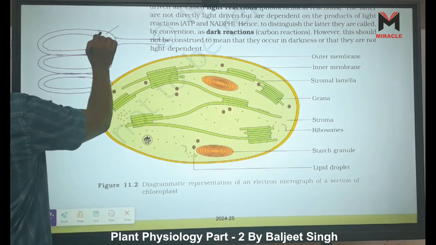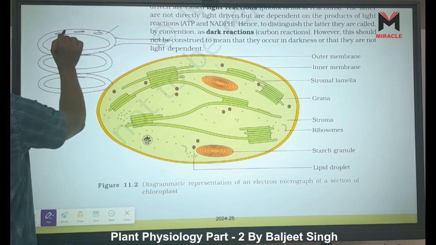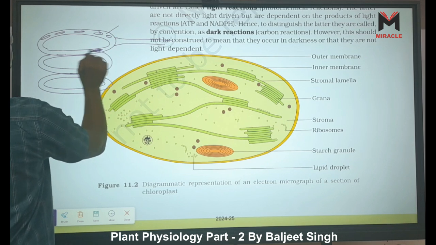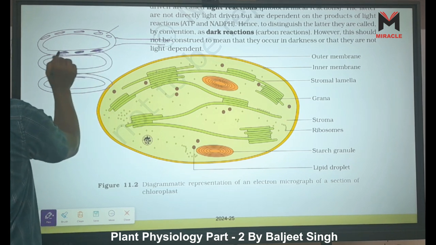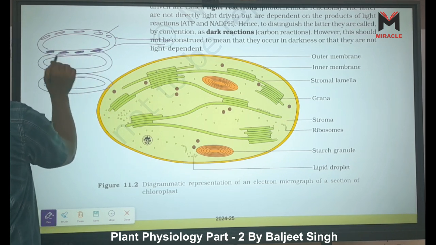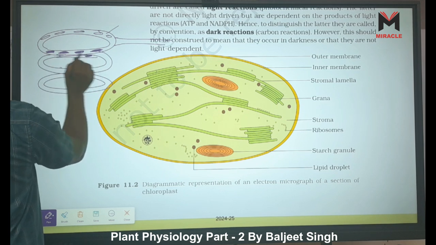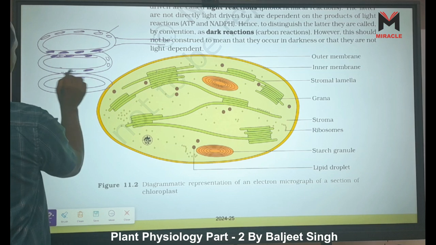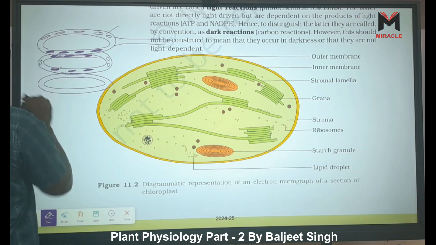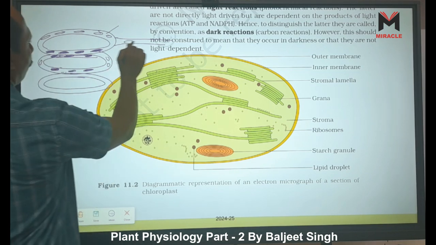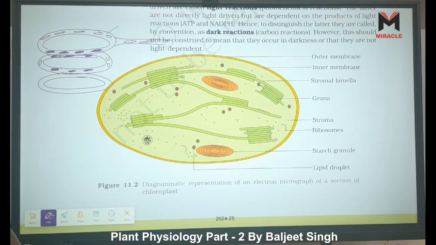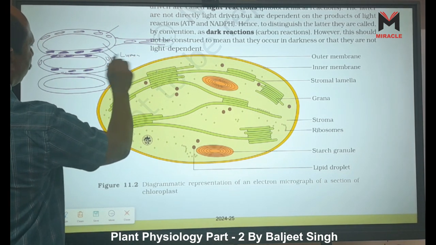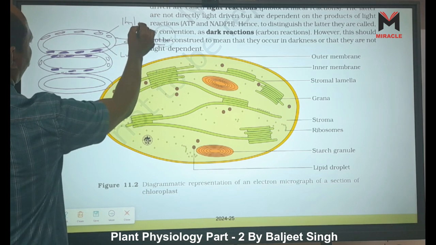Now here, these are pigments. This is the lumen. These are thylakoids.